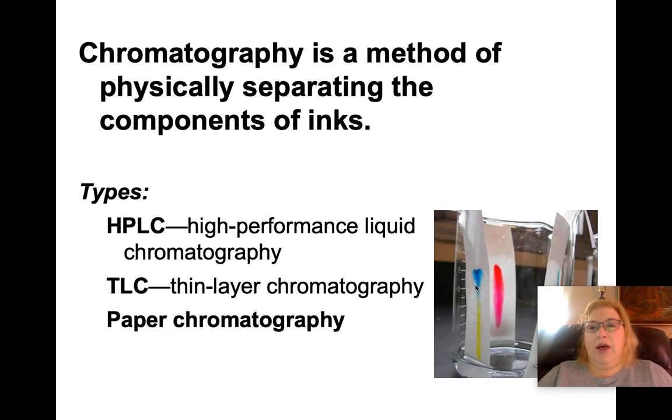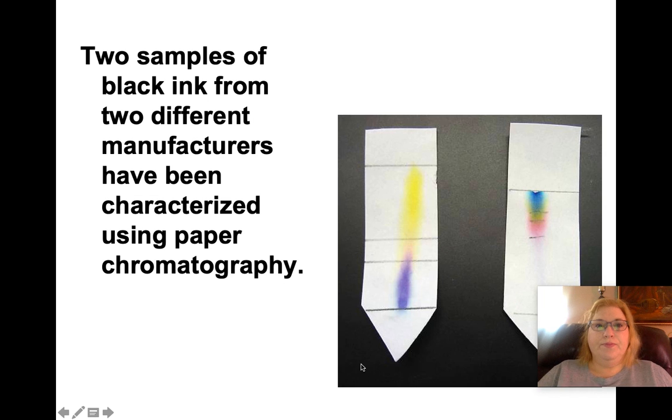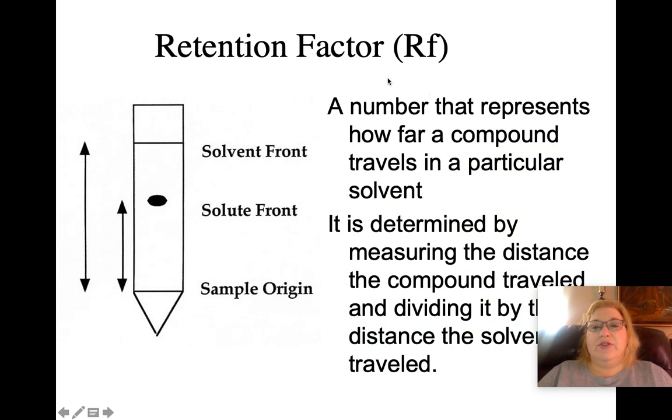So each pen will have its own unique signature of ink. We'll be doing that if we can ever get back into the school. Here's a couple of different examples of the ink chromatography. And this goes more into detail with the lab, so we'll talk more about that when we get ready to do the lab.